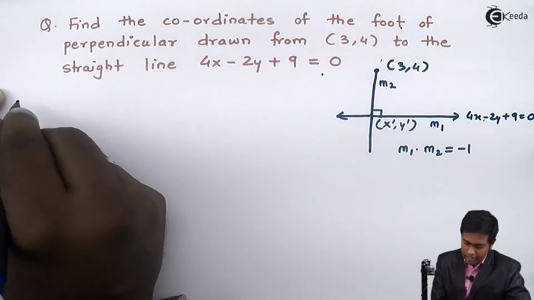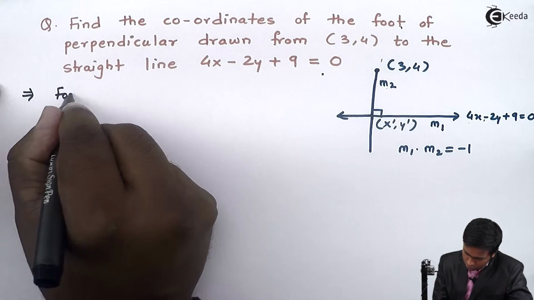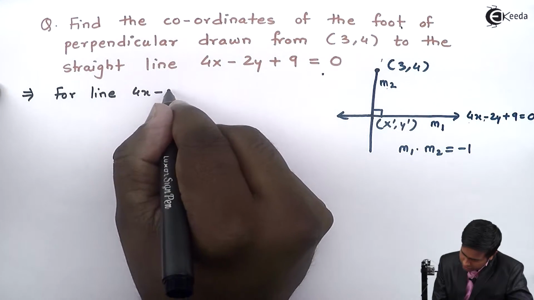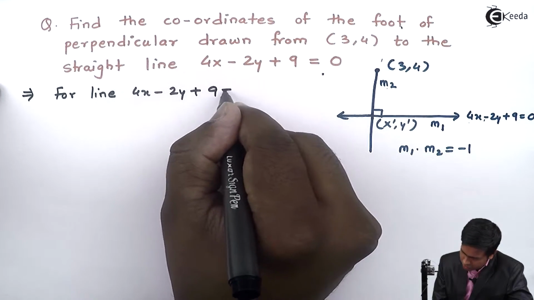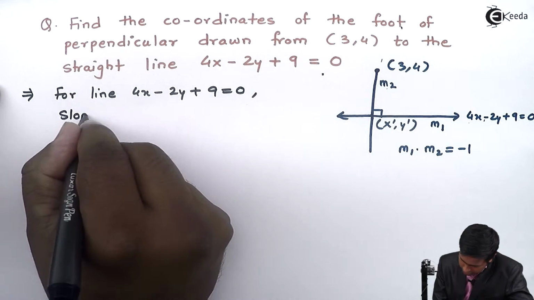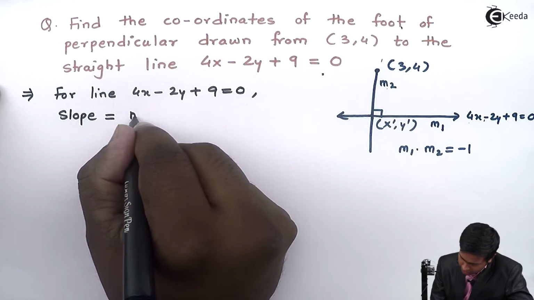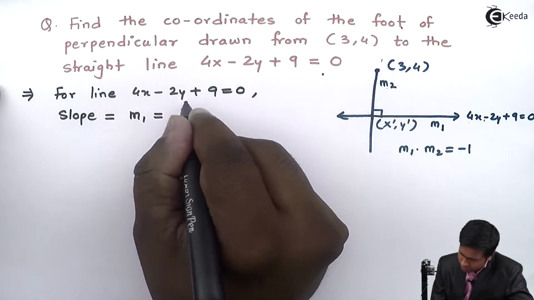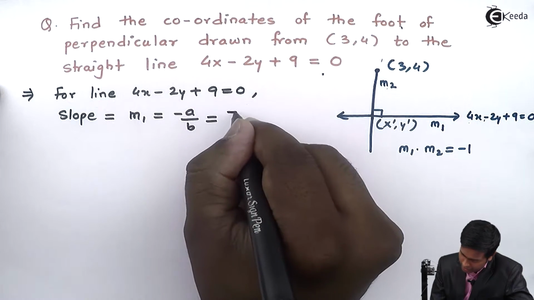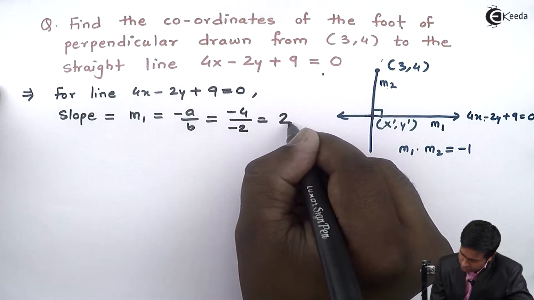So here, for the line 4x minus 2y plus 9 equal to 0, the slope, which I am calling m1, is by the formula minus a by b, that is -4 upon -2, which is nothing but 2.